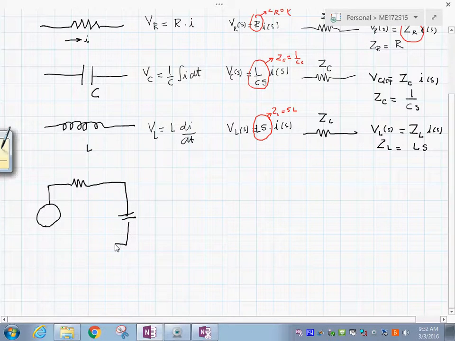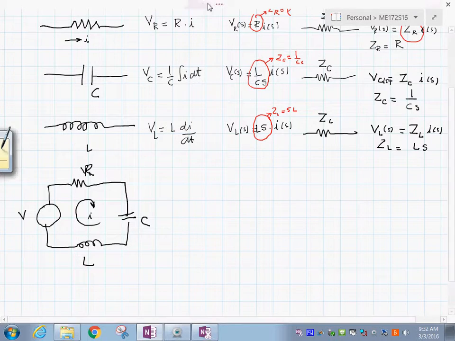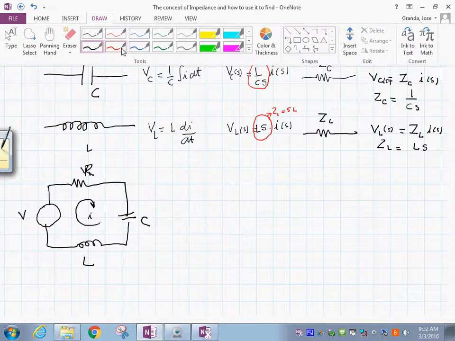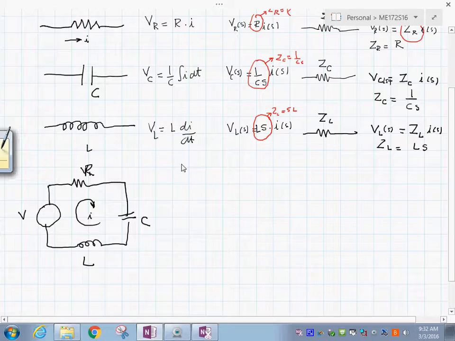So let's set up our objective. Our objective is going to be to find the transfer function that relates the voltage C to the voltage in here.